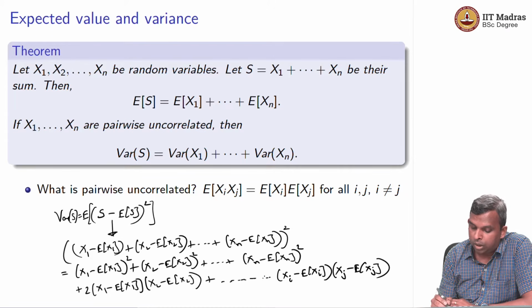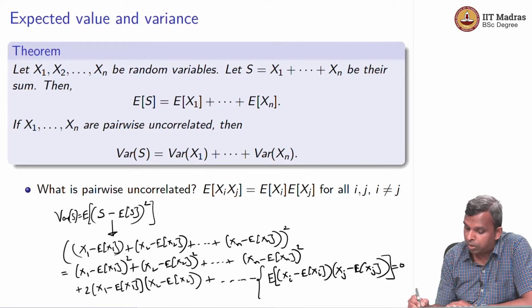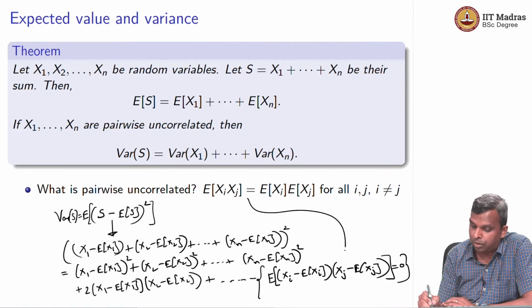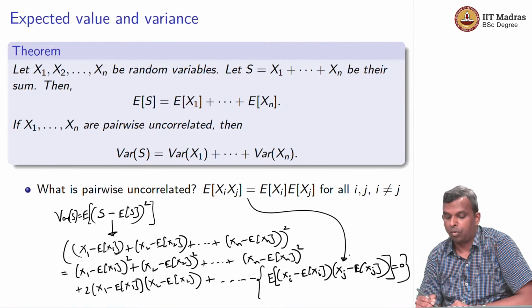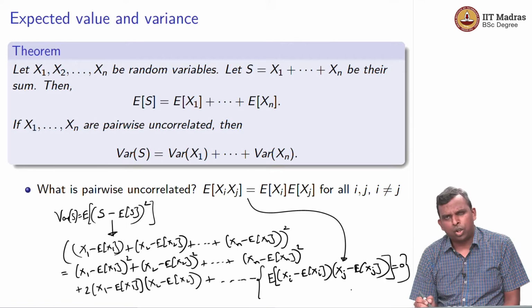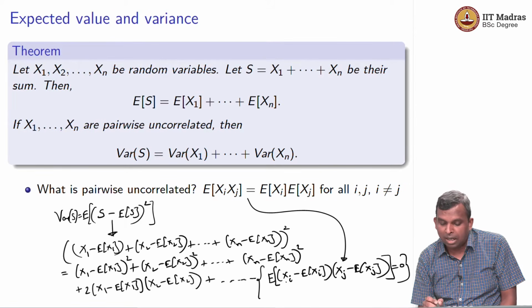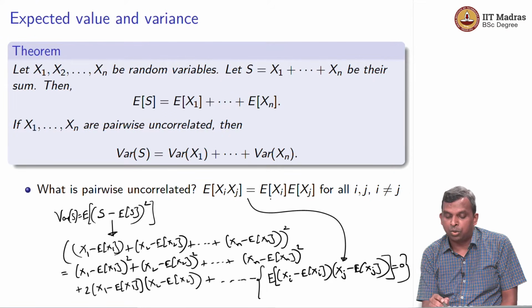So it turns out the expected value of this guy is actually equal to 0 if this is true. This is something that I'm not going to do in detail. You can check it out. You have to multiply this and then distribute the expected value over each term, and you use this formula.